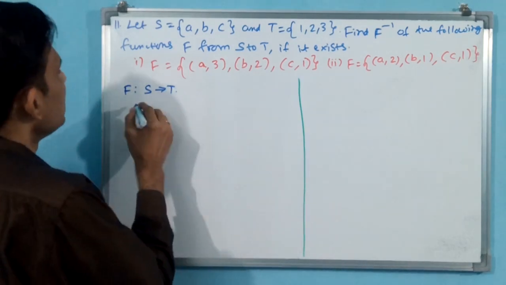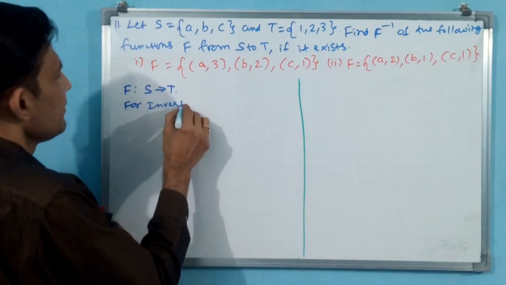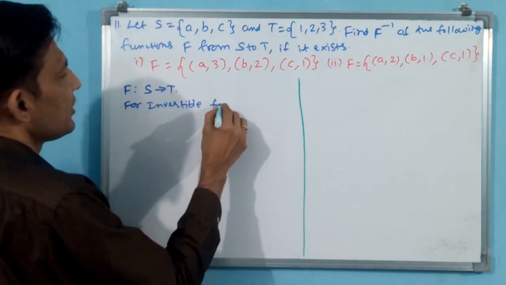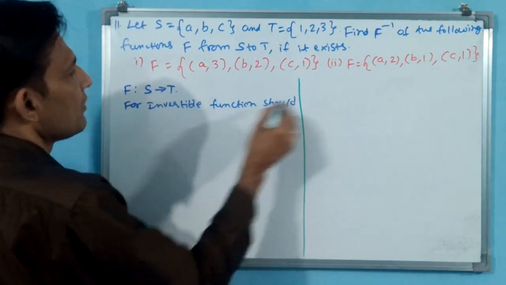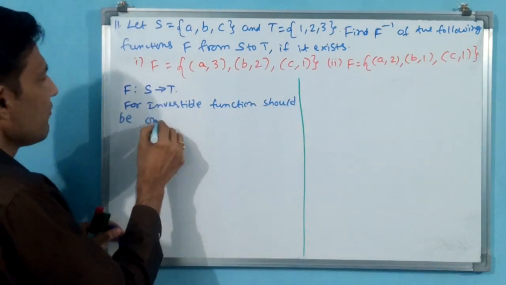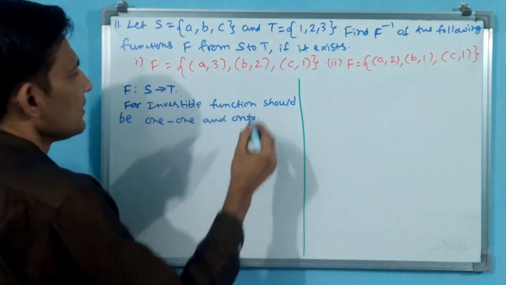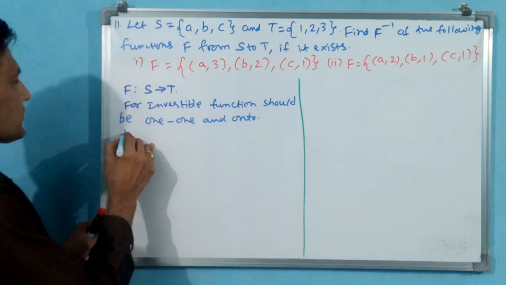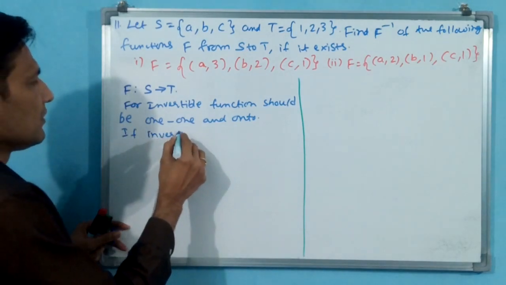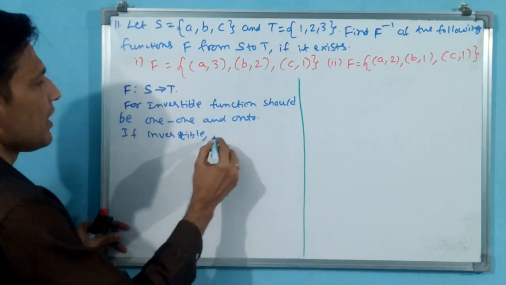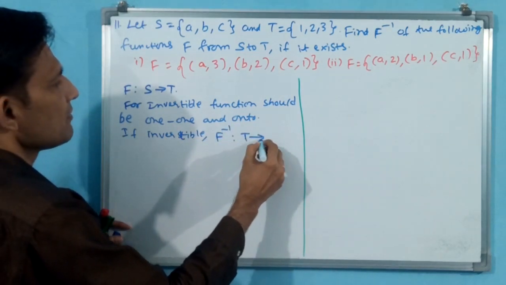For invertible, the function should be 1-1 and onto. If invertible, F inverse is T to S.